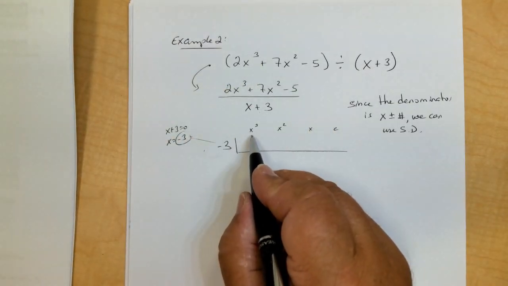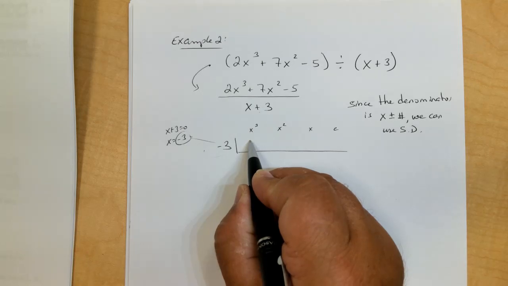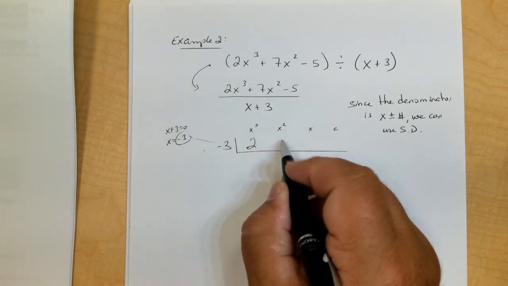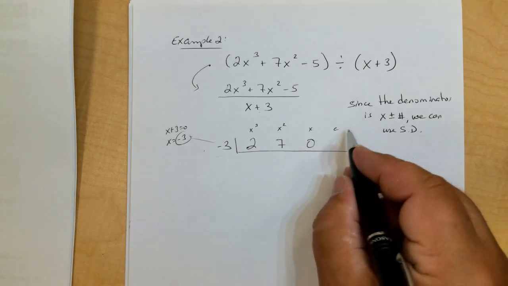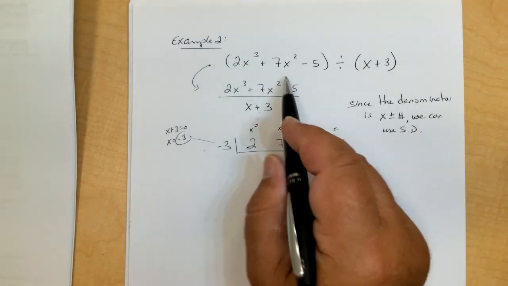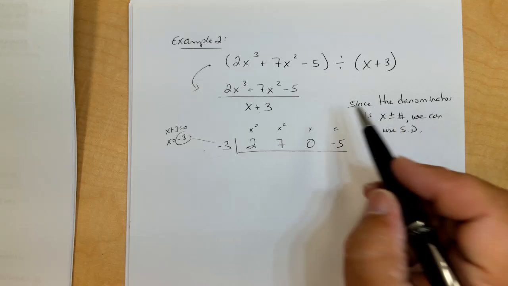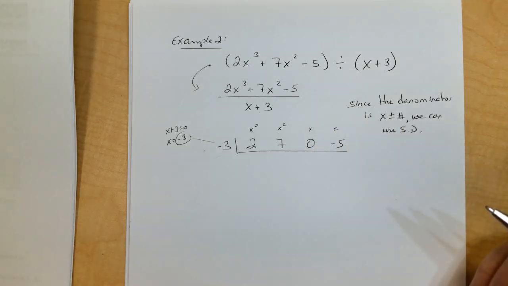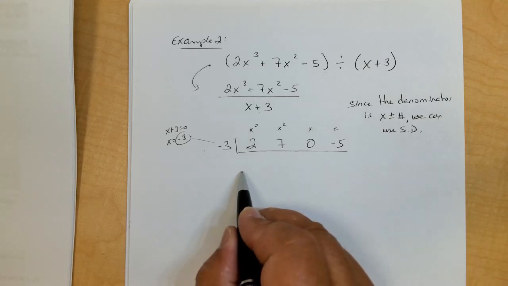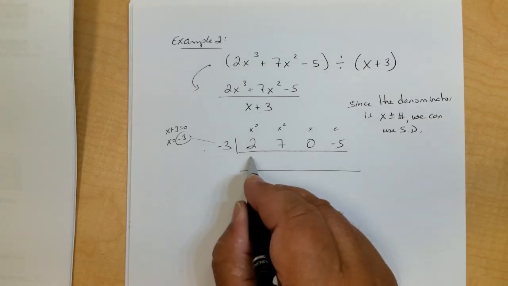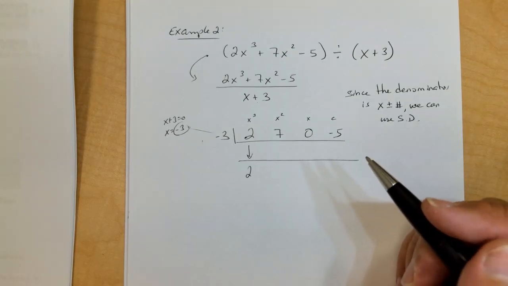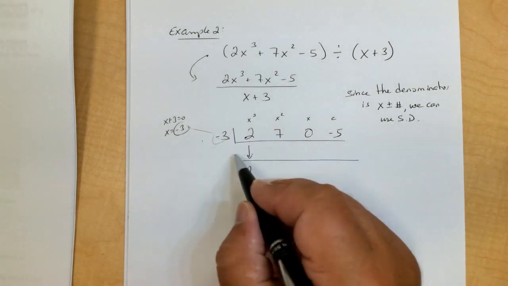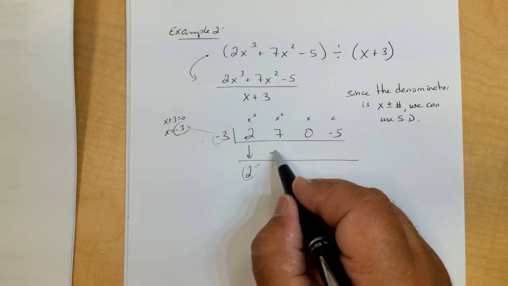What's the coefficient of x cubed? Coefficient of x cubed is 1. Of x squared? x squared is 7. x is 0, because there is no x. Constant is -5. And the first term, multiply. -3 times 1 is -3.